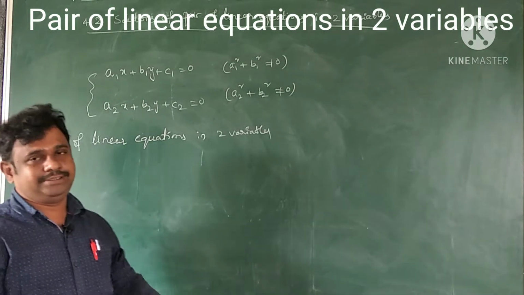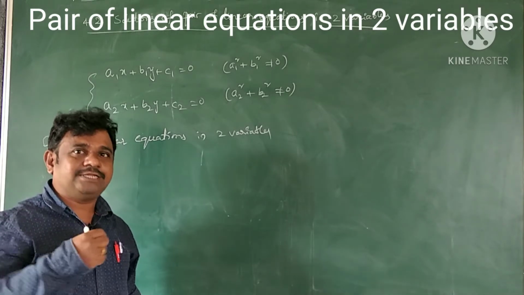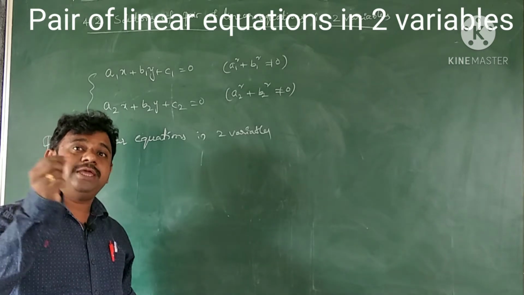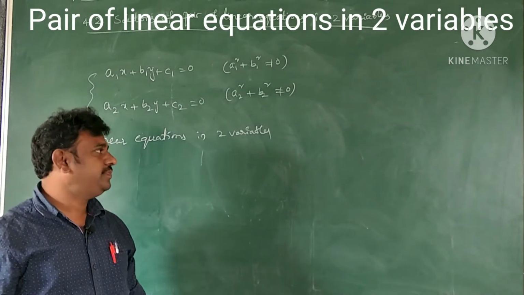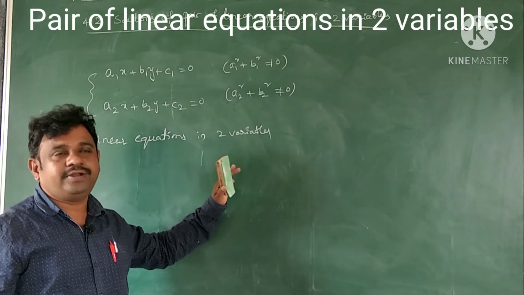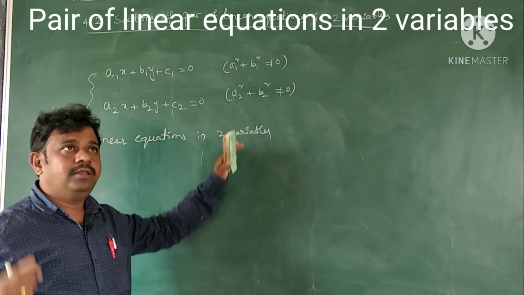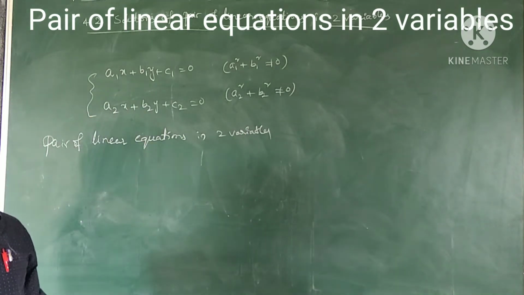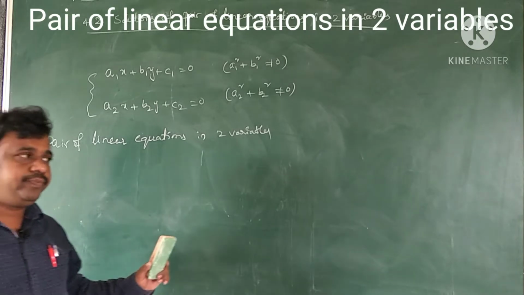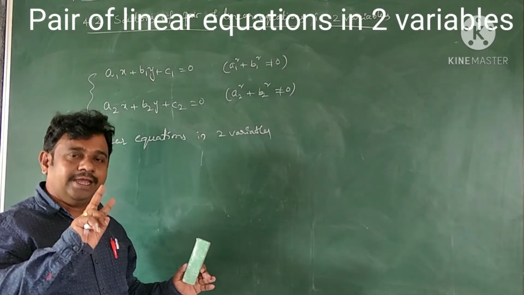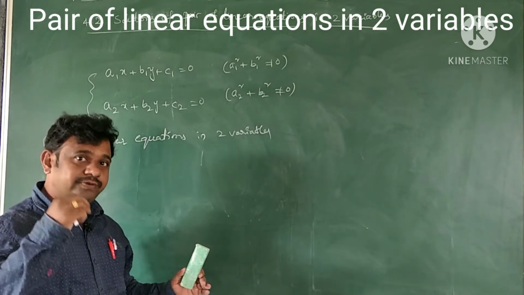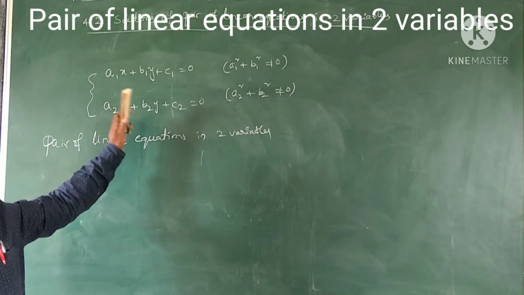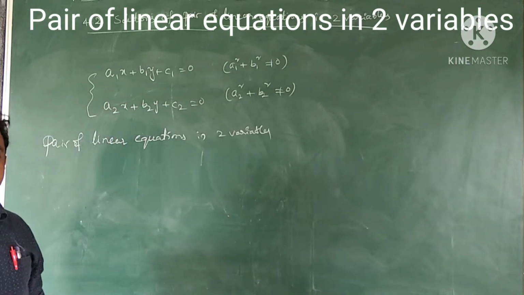Now in this session we will try to find the solution of a pair of linear equations in two variables. First of all, for finding the solution, we find the relation. First we compare the coefficients of both linear equations.